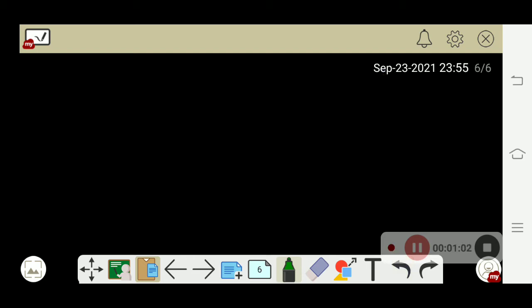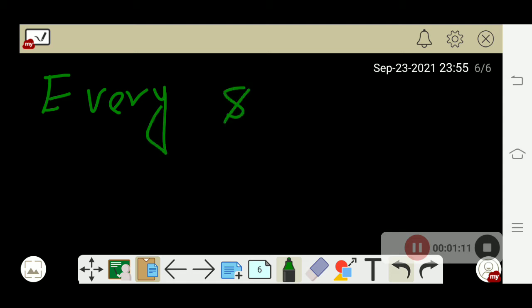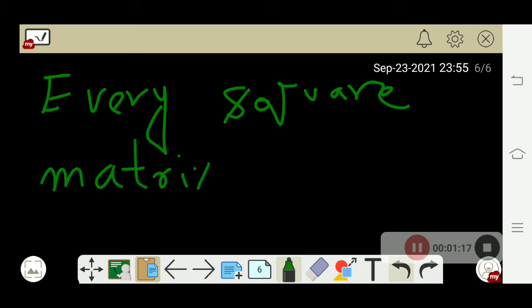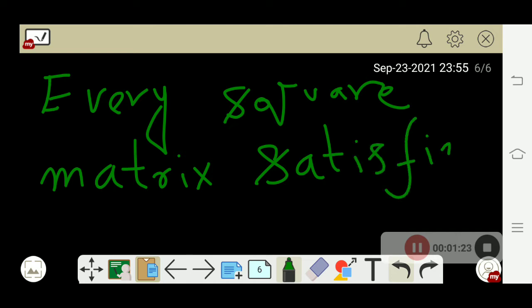Okay, the theorem says every square matrix satisfies its own characteristic equation. I'm going to the next page. Please write it down.